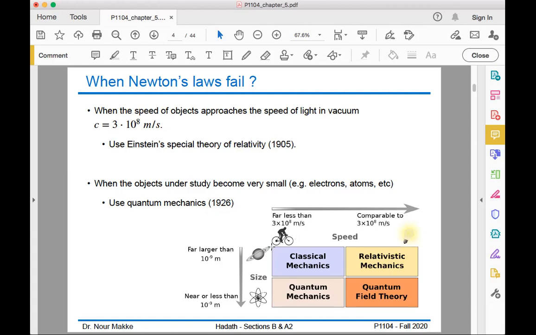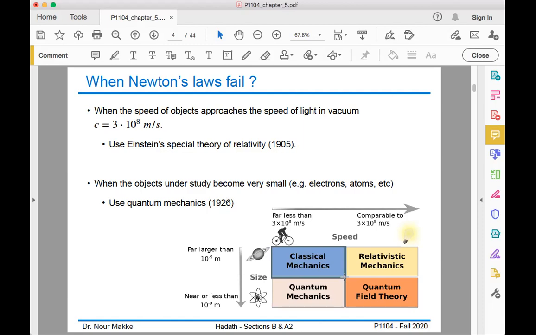When we say that we're going to study objects like, for example, a car moving on a road, a ball that is shot by someone, an object that is pulled or pushed by someone else, etc., we are in the case where we have objects that are big enough compared to the size of electrons or atoms, and that are moving at very low speed compared to the speed of light.